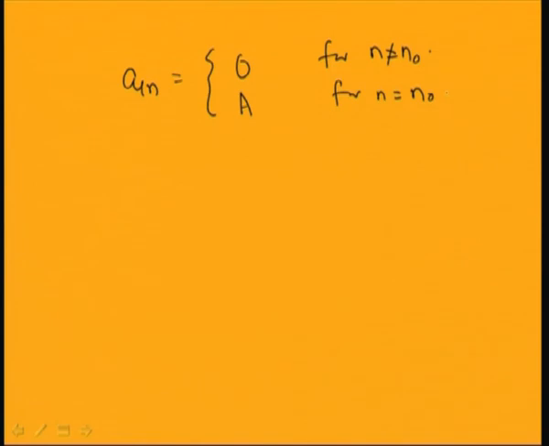By substituting these, w(x,t), the transverse displacement, equals A cos(omega n0 t) into sin(n0 pi x/L).